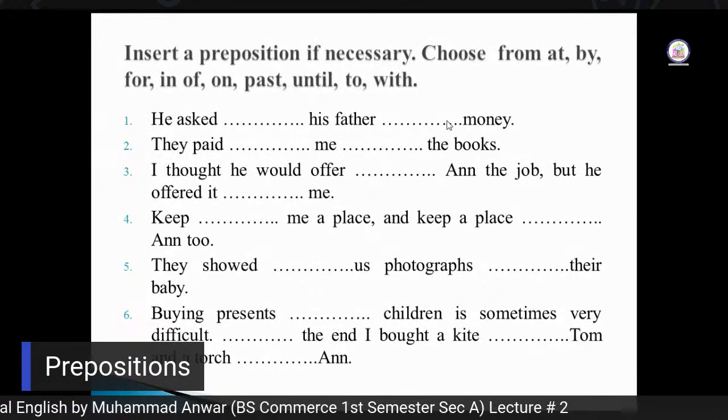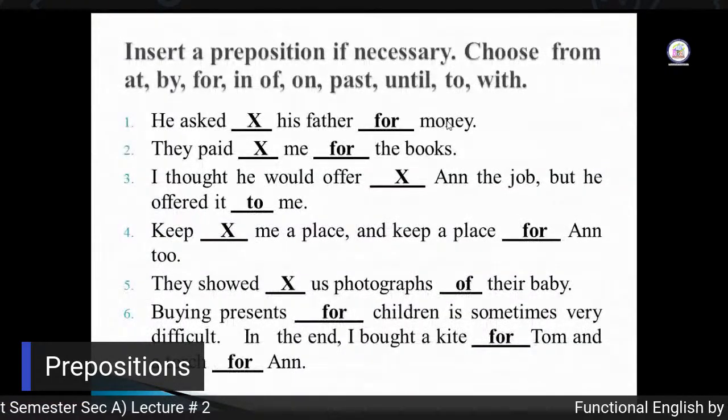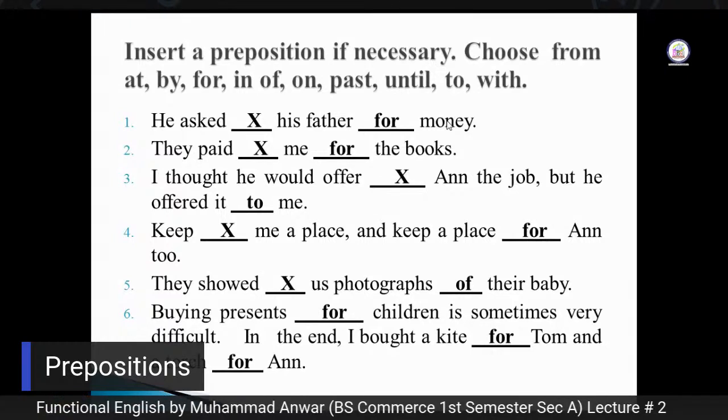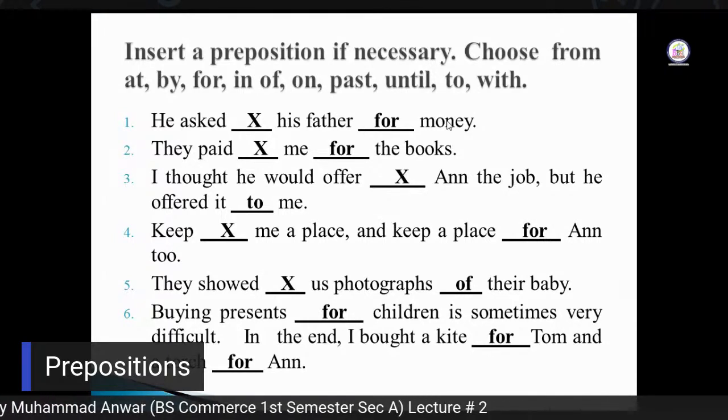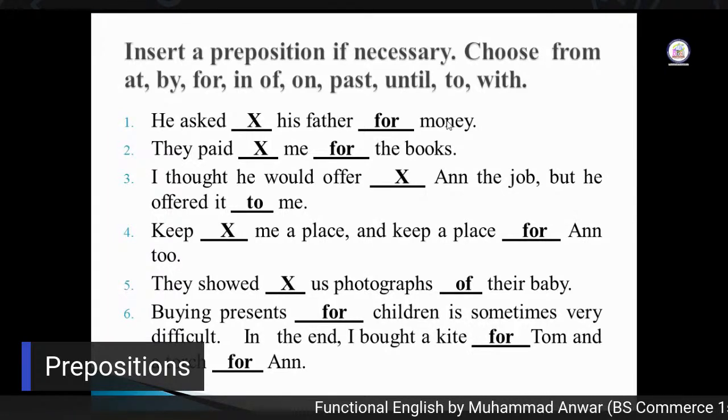And you can see further exercises. Here you have to use prepositions, but only where necessary. If not necessary, don't use one. He asked his father for money, no need to use a preposition here. They paid me for the books.